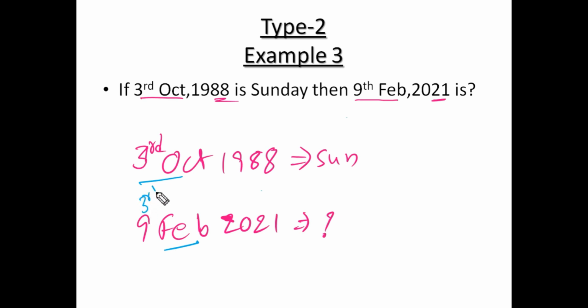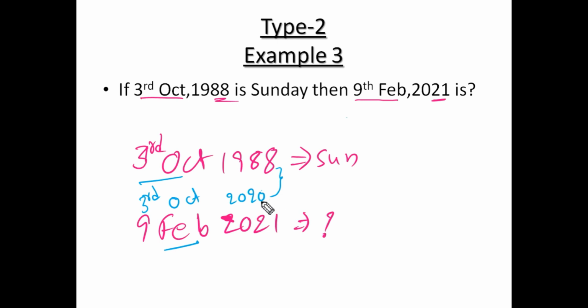We take 3rd October 2020. From 3rd October 1988 to 2020 is directly a year gap, and in that year gap we have to check how many leap years and how many normal years there are by counting.